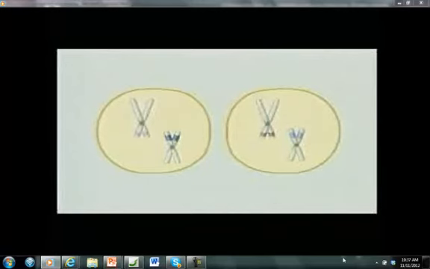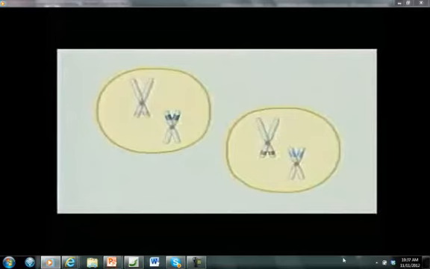When the homologous chromosomes were separated, the alleles on those chromosomes were also separated. The allele for yellow seeds is now in the right daughter cell, while the allele for green seeds is in the left daughter cell. This process of allele separation is called segregation. The alleles that determine seed shape have also segregated. The allele for wrinkled seeds is in the left daughter cell, while the allele for smooth seeds is in the right daughter cell.